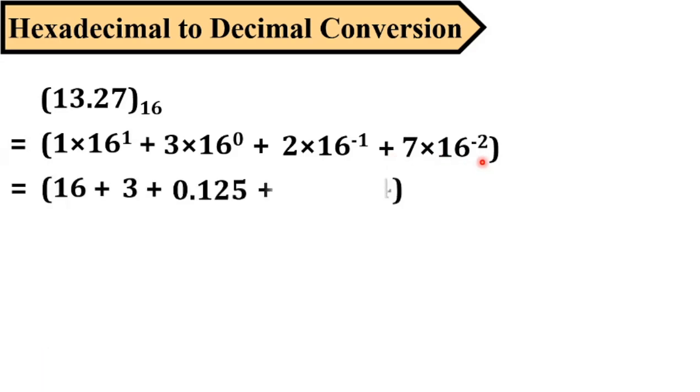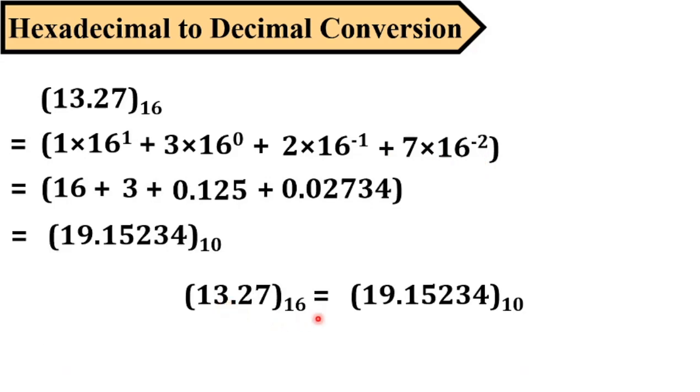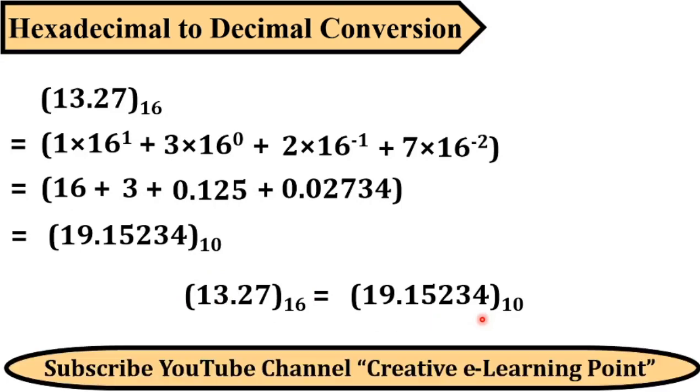After calculating the corresponding numbers, the hexadecimal number 13.27 can be written as 19.15234 in the decimal number system.